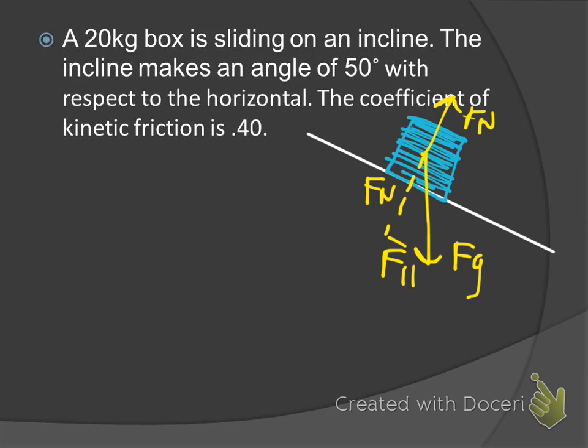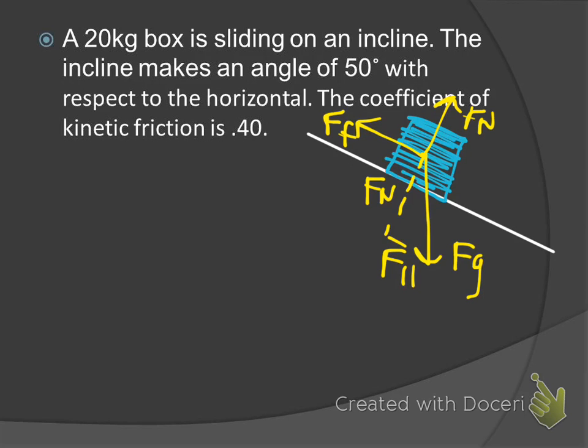And where does our frictional force go here? Up the incline, okay, because we're sliding down. When it says we're sliding, that means that it's starting on its own. We're not applying any sort of force to that object, okay? It's sliding on its own.